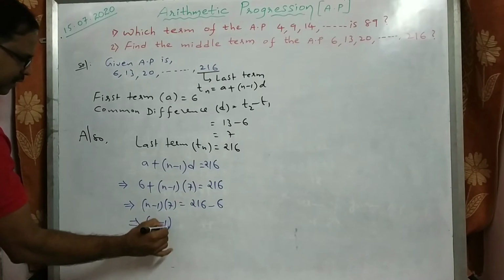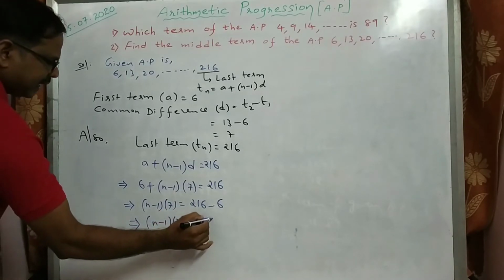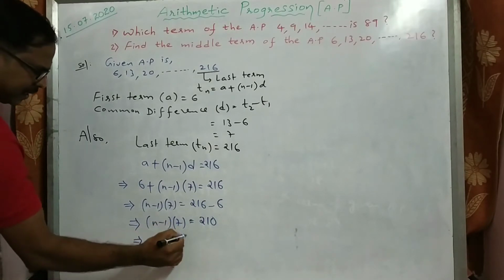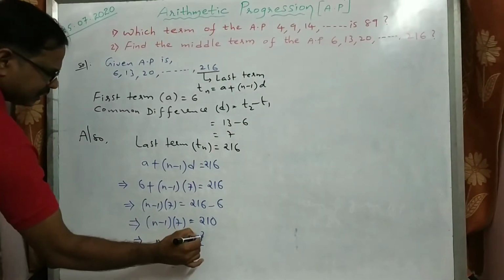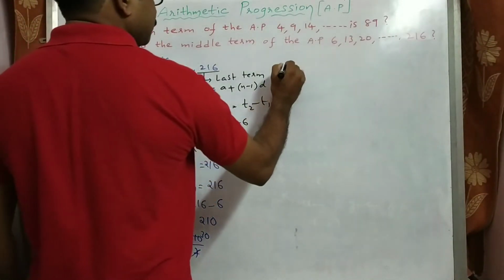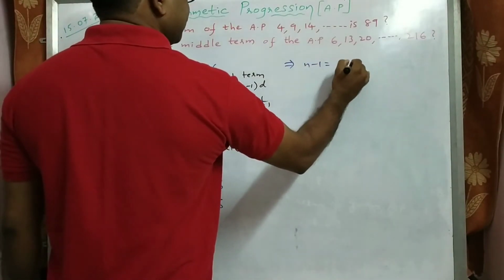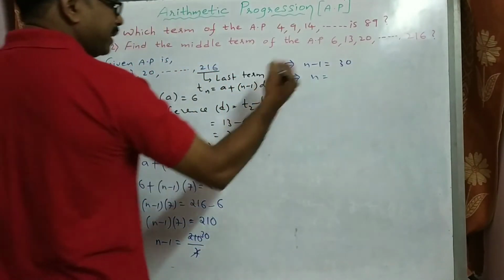So n minus 1 into 7 equal to 210, right? So 7 goes to that side. It is in multiplication, so 210 by 7. 7 threes are 21. So n minus 1 equal to 30. N equal to 30 plus 1.